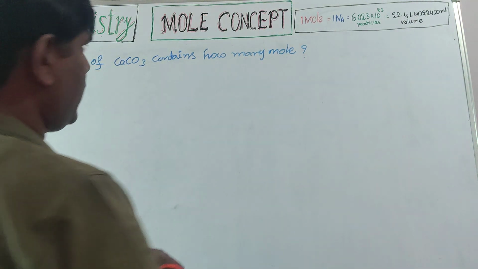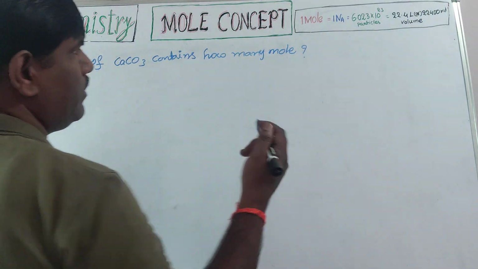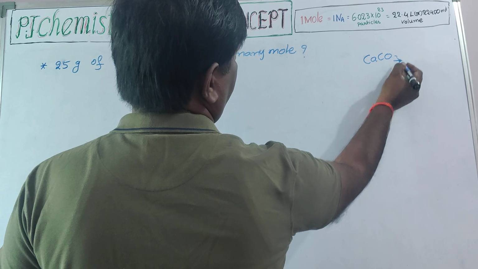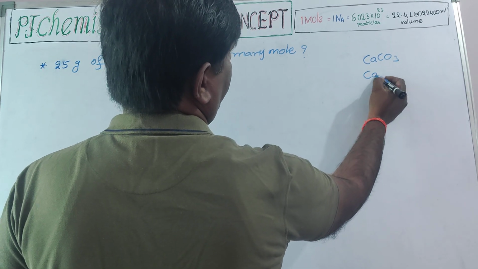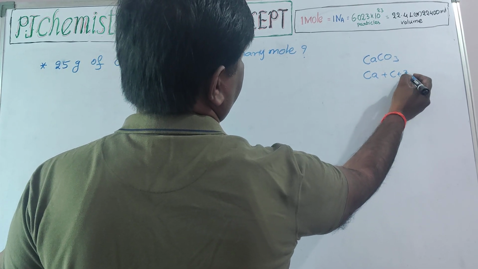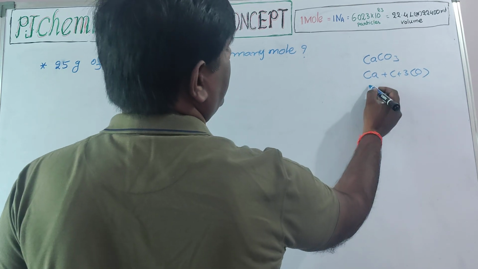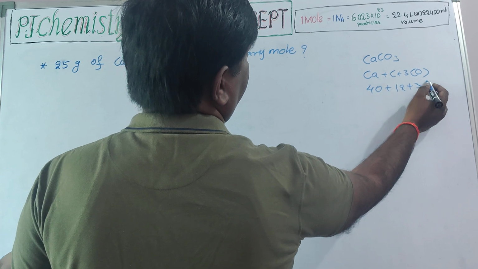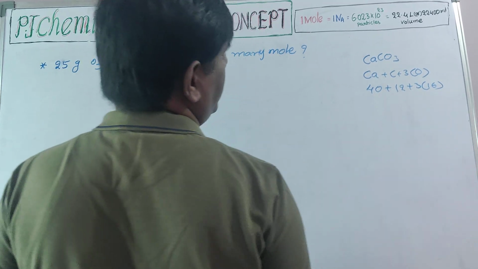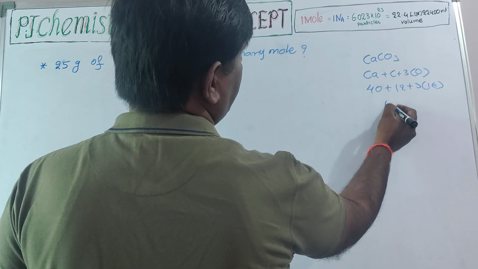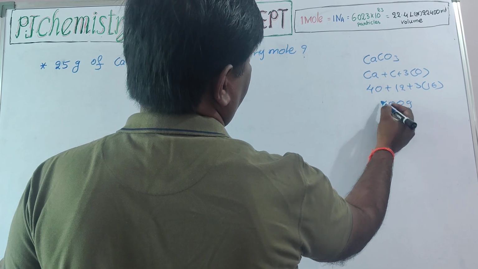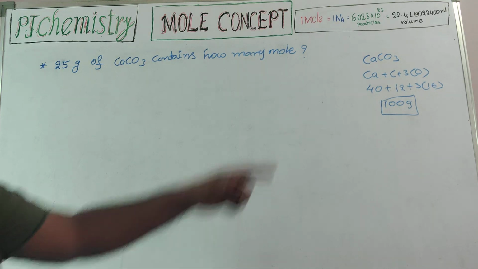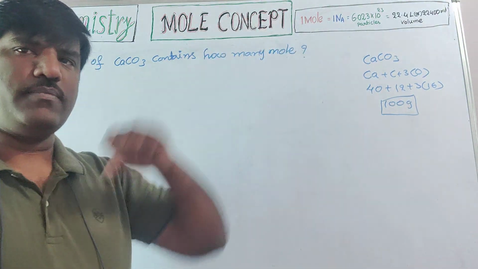So first calculate the molecular mass of calcium carbonate, CaCO3: calcium plus carbon plus 3 oxygens. Calcium mass number is 40, carbon 12 and 3 into 16 for oxygen. So total you will get 100. This is for 1 mole value. So 1 mole of calcium carbonate is 100 grams.